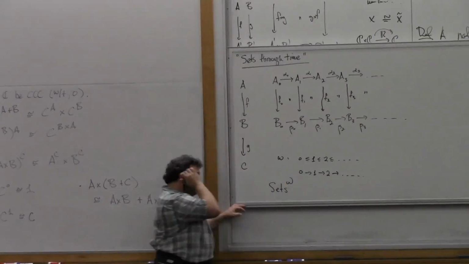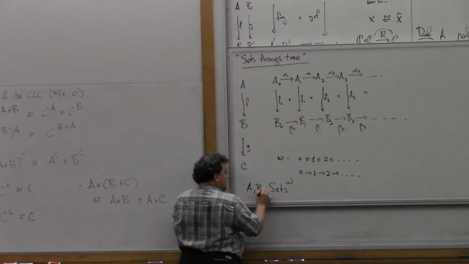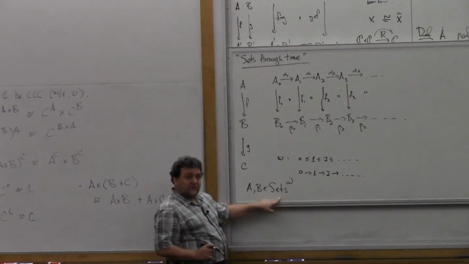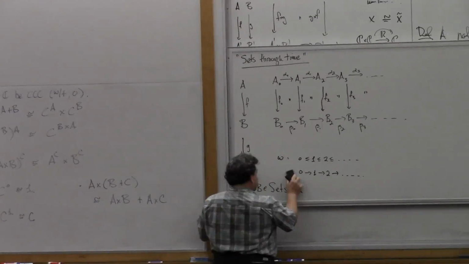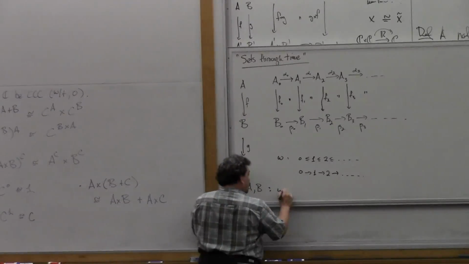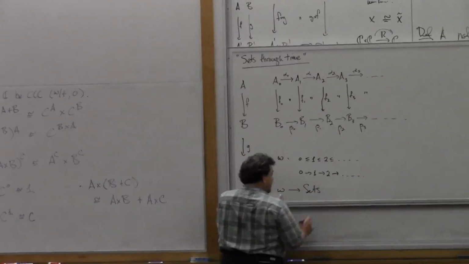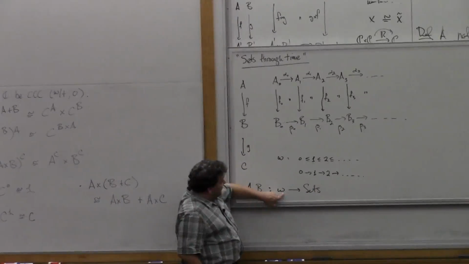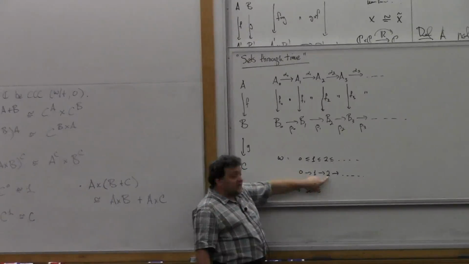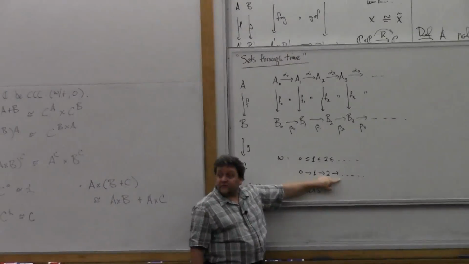That is, A and B are nothing but functors from omega to sets. Let me write it like this because I haven't introduced that notation yet. These are functors from omega as a category into the category of sets. Right? What is a functor from this category into sets? Well, it's an A0, an A1, an A2, together with a family of maps, alpha 0, alpha 1, alpha 2, and so on.